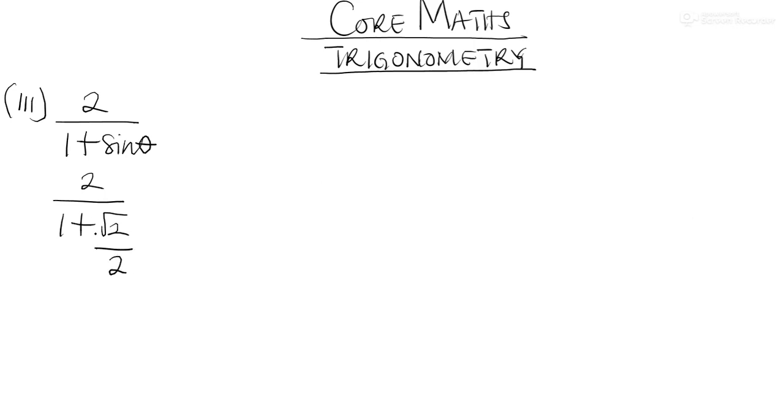Now we have a fraction, so we need to simplify the denominator. We maintain this 2 over; 1 goes into 2, 1. 1 times 2 is 2, plus 2 goes into 2, 1. 1 times root 2 will give you what? Root 2. So this is what you have.